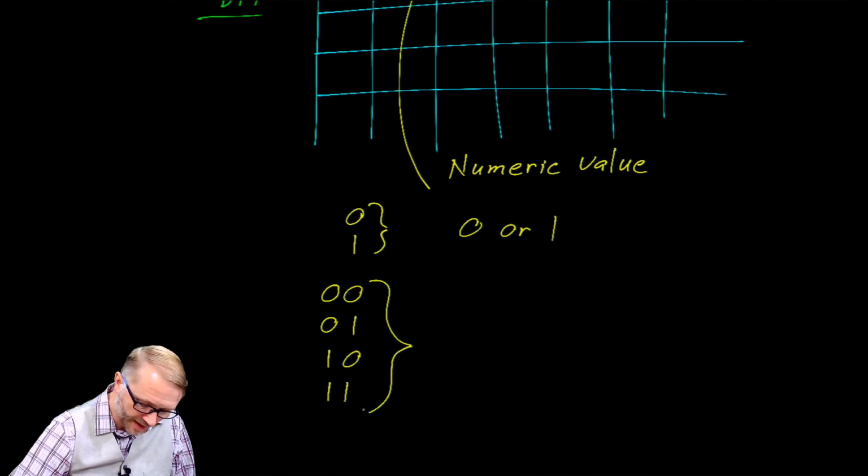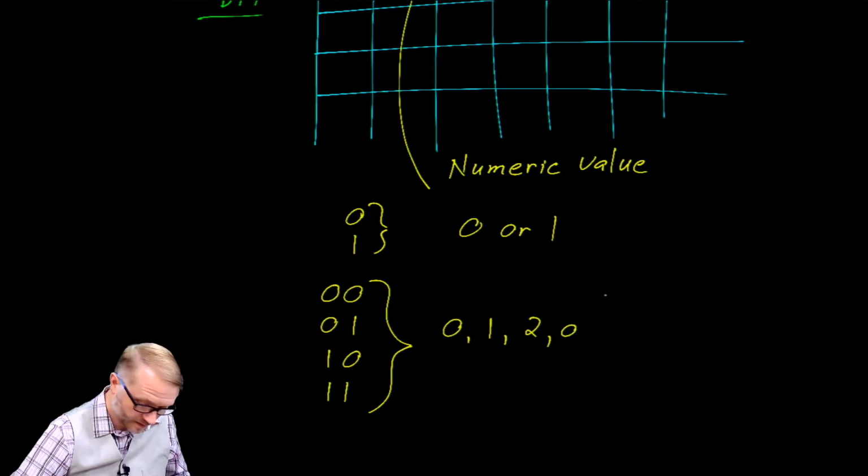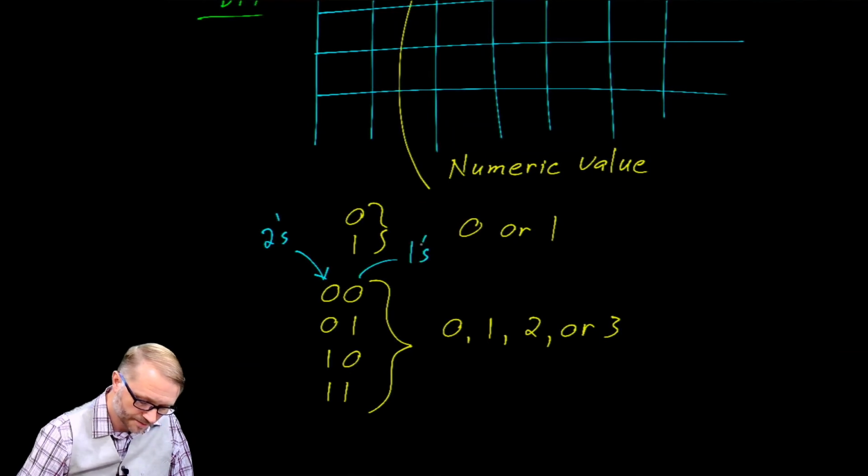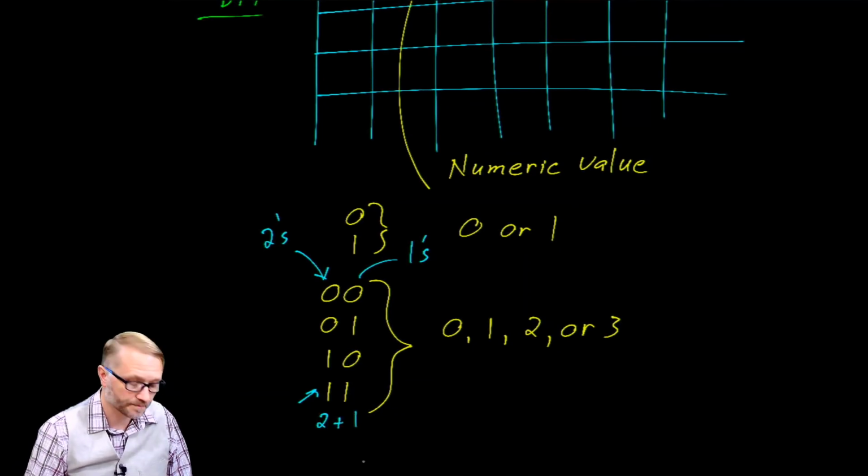We would say we can hold numbers 0, 1, 2, or 3. By the way, this here is called the 2's column, and this is called the 1's column. So you would read this as 2 plus 1.